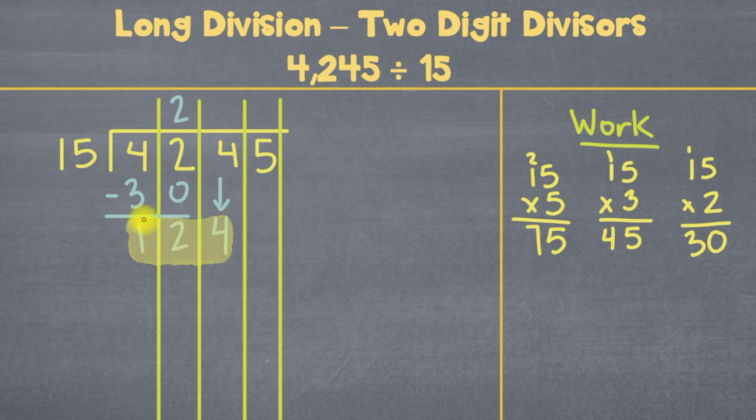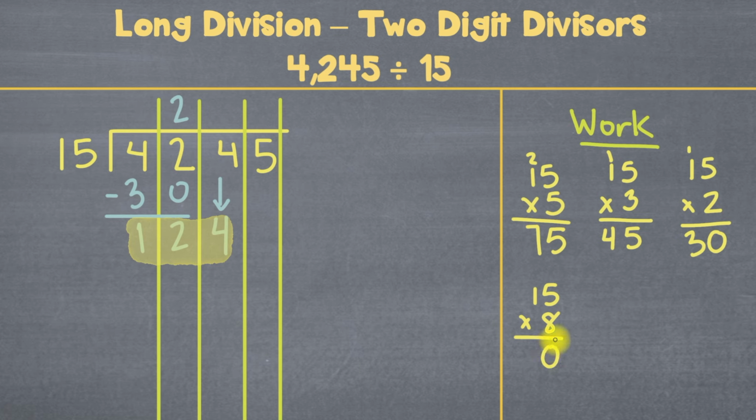So how many times do you think 15 can go into 124? Well, we know 15 times 5 is 75, so we're definitely going to have to go higher than that to get around 124. Let's try 8. So we'll do 15 times 8. 8 times 5 is 40.